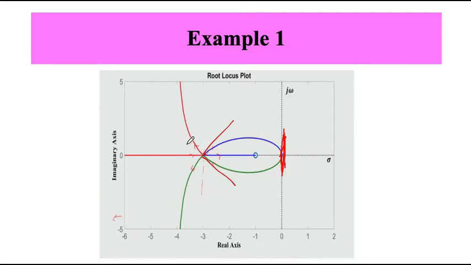Then they are departing at an angle of minus 90 and at minus 4. This is the minus 3 point, this is minus 1. This is how it will look, and this is my asymptotic angle. So this is how the root locus for the given system looks.